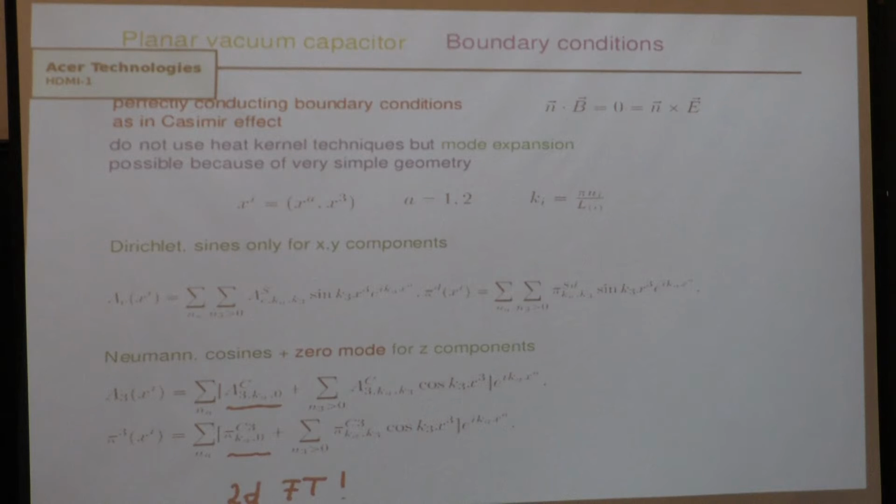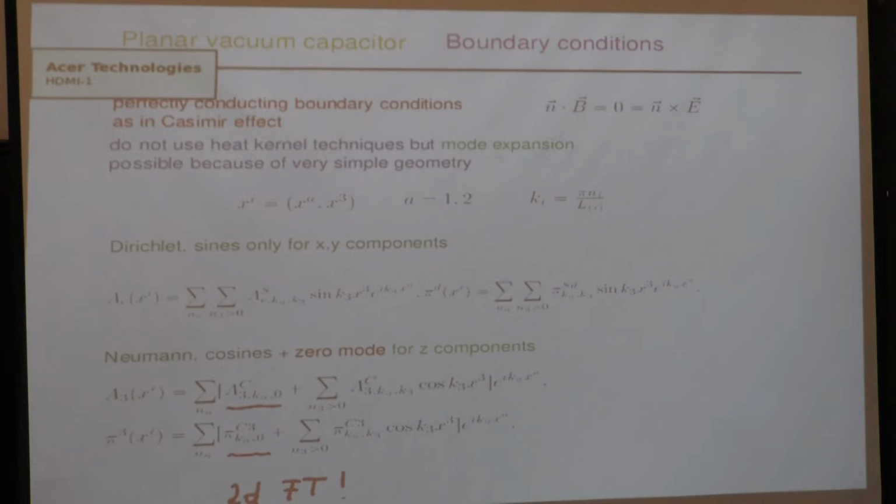And in the transverse direction, you do the usual continuous mode decomposition. So this is what you have. So these boundary conditions on the vector potentials guarantee that you have this kind of boundary condition for the physical quantities, which are the electric and the magnetic field.